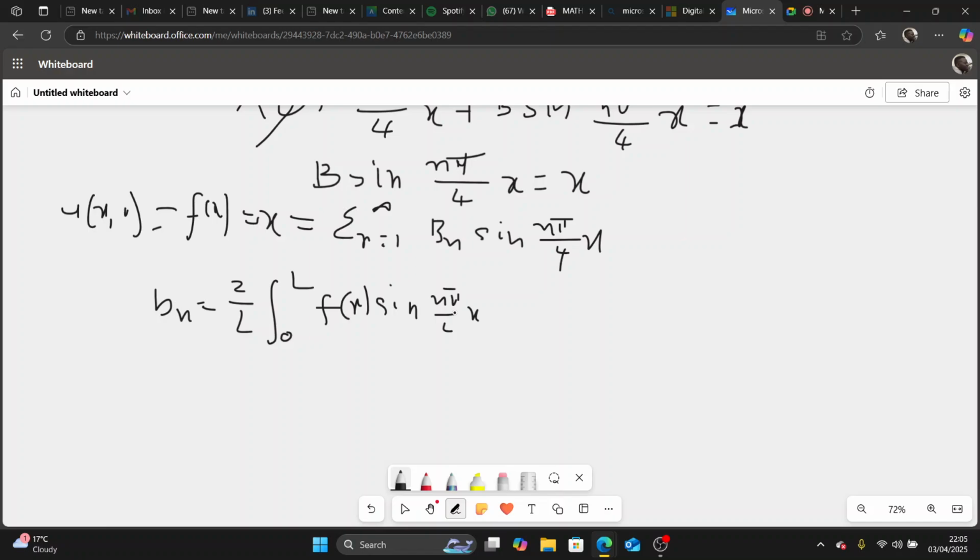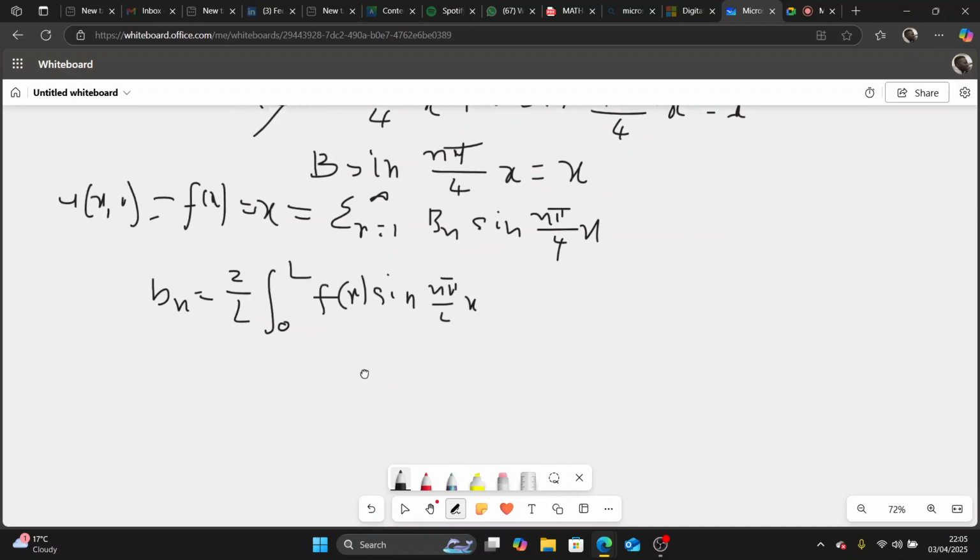Whatever value they give for n, don't worry about the n value. What I wanted to show you is this formula here. Do you see it?